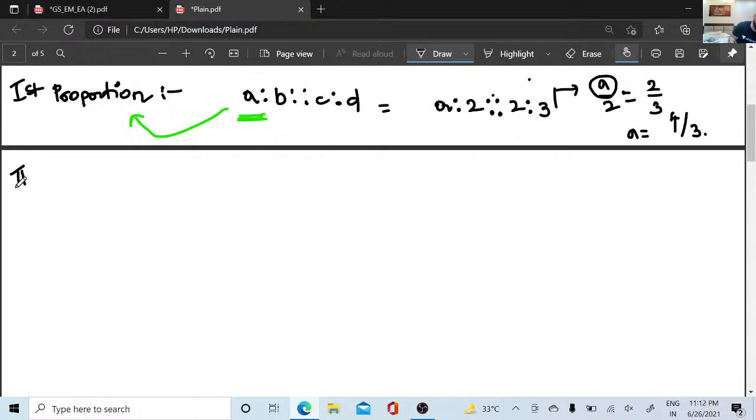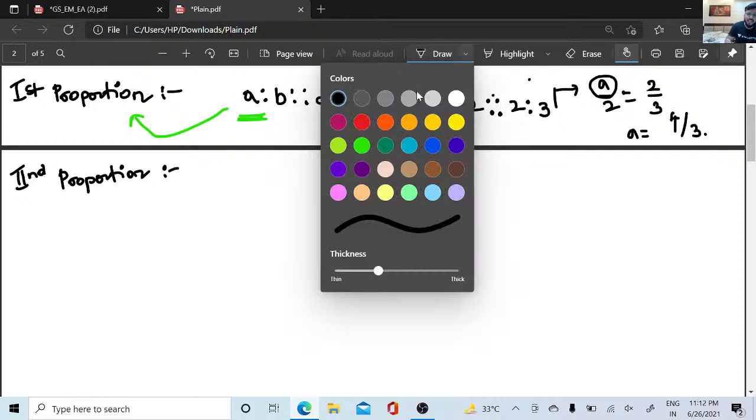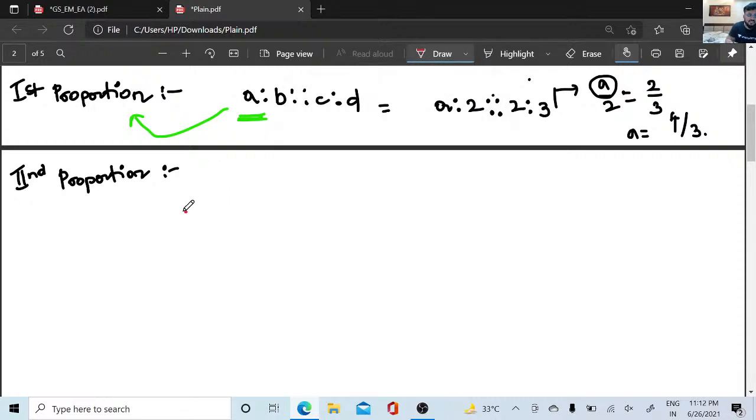Now let us go to the second proportion. What is the second proportion? Everyone will say A was the first proportion, so B will be the second proportion. No, there is nothing called the second proportion. The second proportion itself is what we call the mean proportion or the mid proportion.